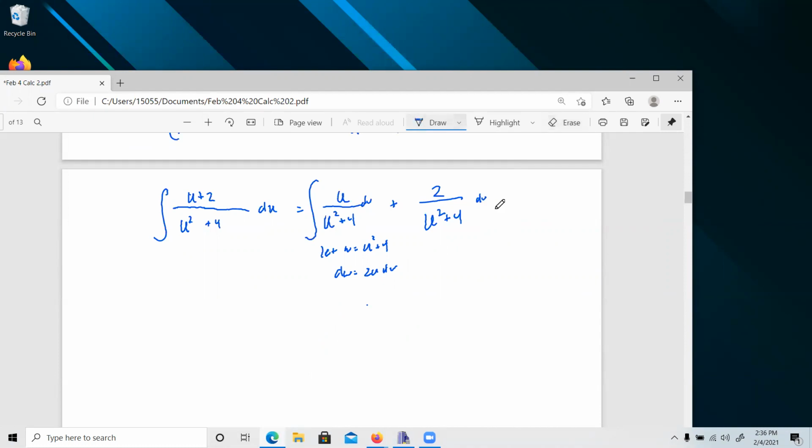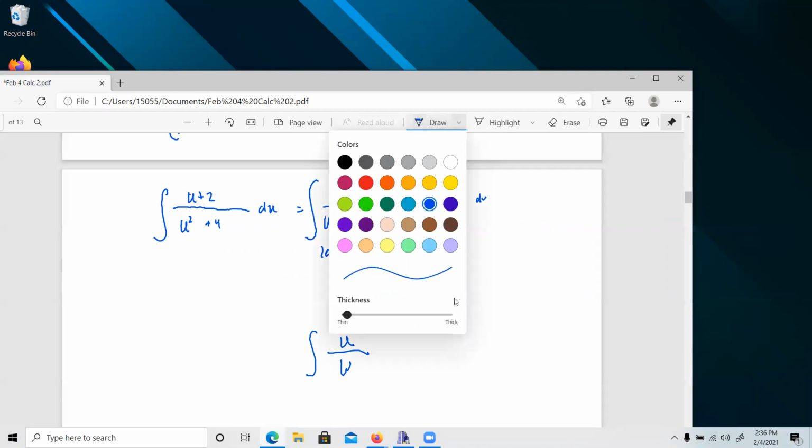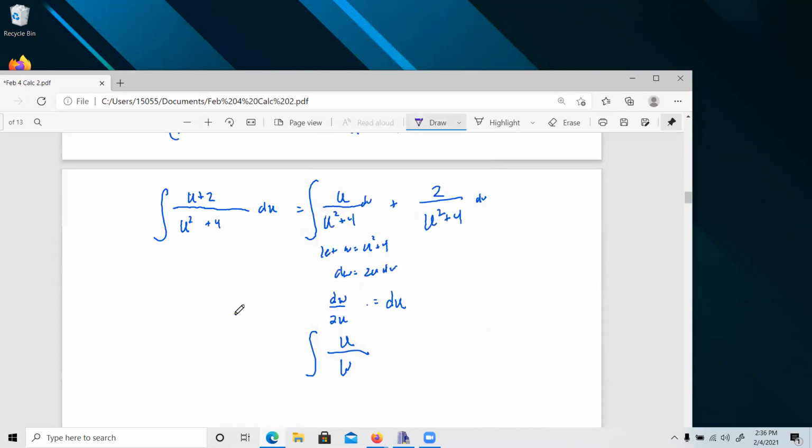Let's do it this way. Let's say dU is equal to dW over 2U. We're just going to directly substitute. So we've got our integral, we've got our U, we've got W, because U squared plus 4 is W. And our dU is equal to dW over 2U.